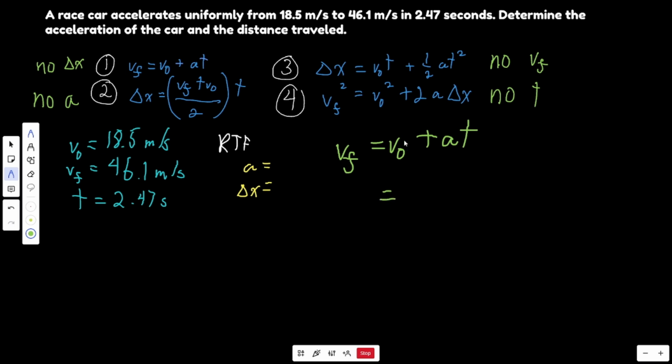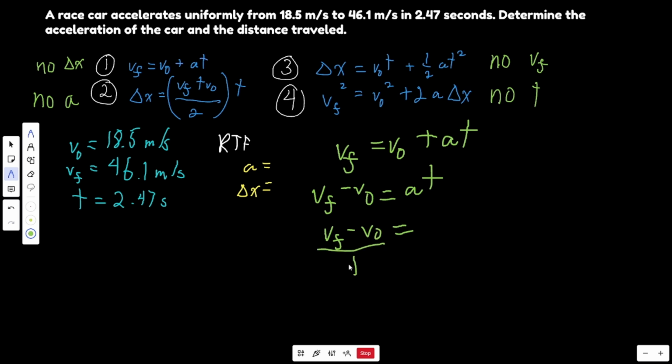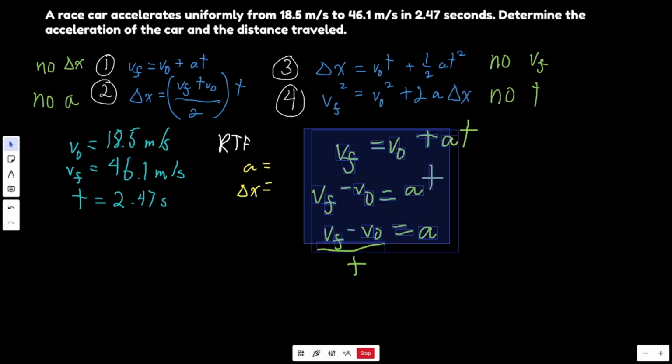So we're going to transpose v0 to the other side, and we transpose by subtracting initial velocity from both sides. So vf minus v0 is equal to at, and now we want to get a alone, so we have to divide by t on both sides. So we get vf minus v0 over time, and that's our acceleration. That is how you derive a formula.